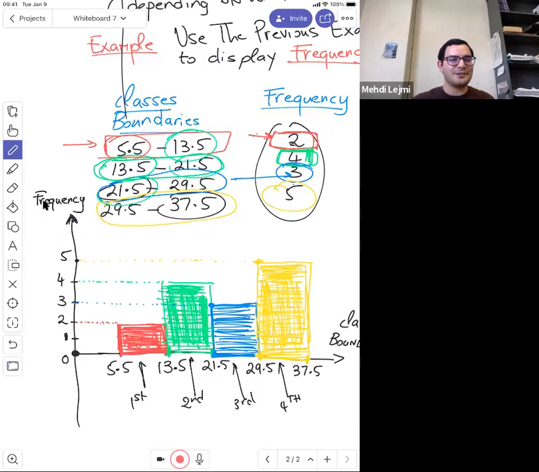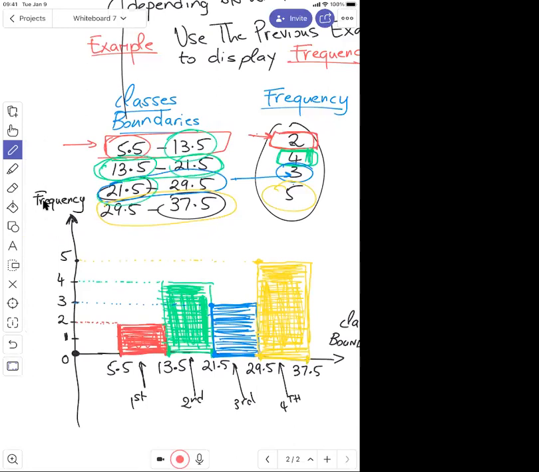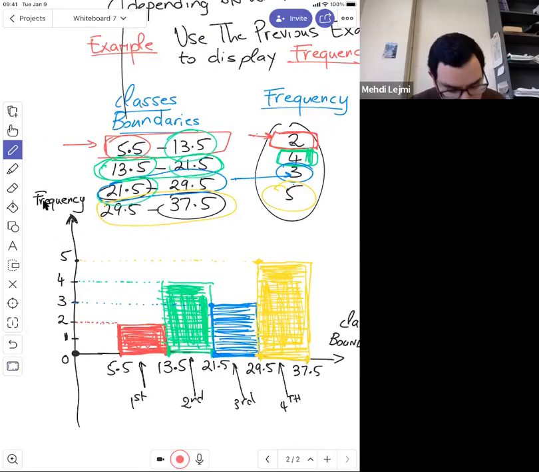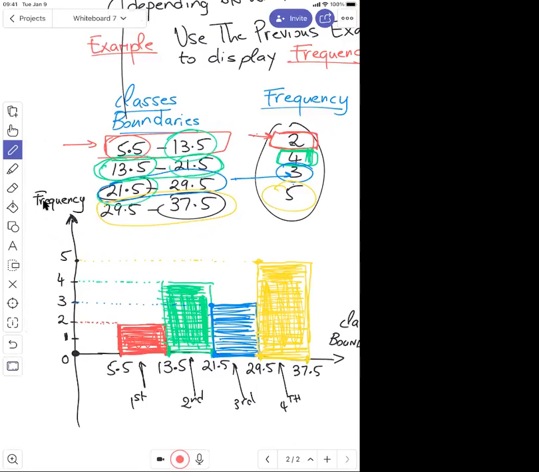That's why we do the class boundaries. They always overlap. We're gonna have the same numbers. Okay, so that's something for us to look out for whenever we're doing the class boundaries, that there should be a duplicate. Yes, absolutely. That's a good point.